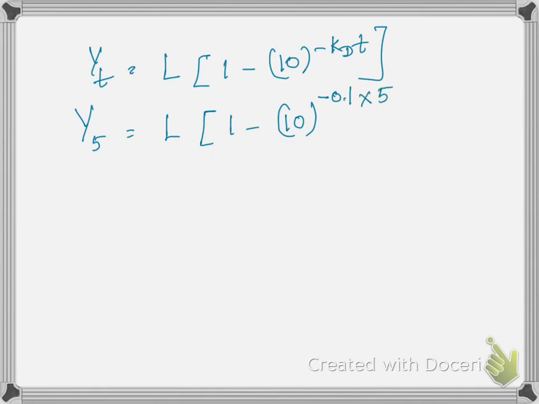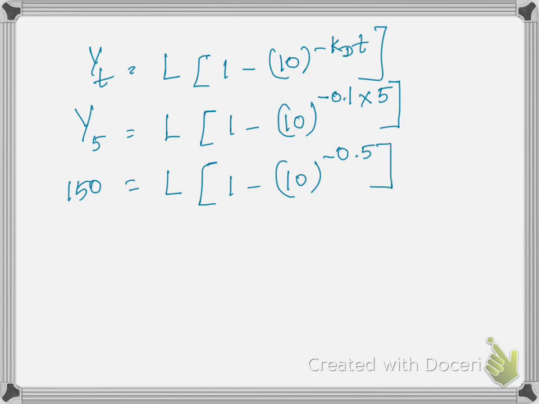Since it is 5-day BOD, it is 5. So Y5 value is given as 150. So 150 is equal to L into 1 minus 10 power minus 0.5. If I calculate, I will get my L value as 219.4 milligram per liter. So I have calculated my oxygen equivalent value.